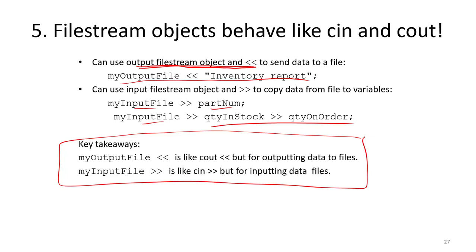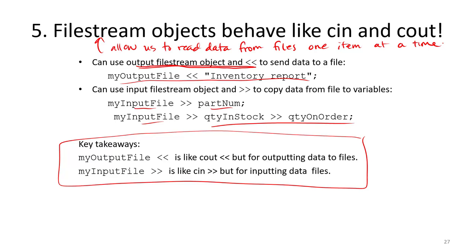These file stream objects allow us to read data from files one item at a time. This way, we can easily extract from a data file containing numbers and text.